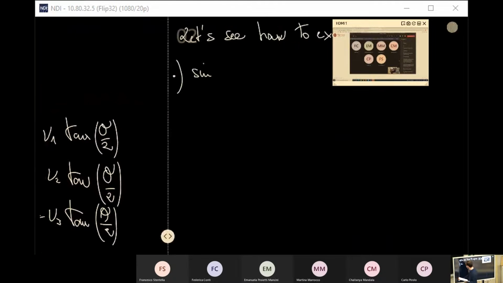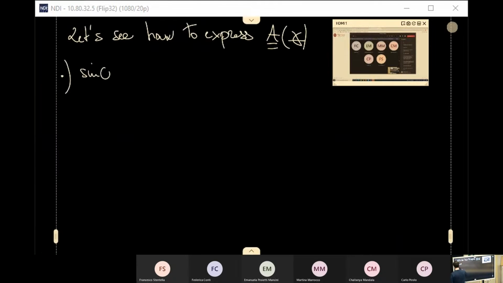So let's start with the sinus of theta. The sinus of theta is equal to, by trigonometric formula, 2 times the sinus of theta divided by 2 times the cosinus of theta divided by 2, right?